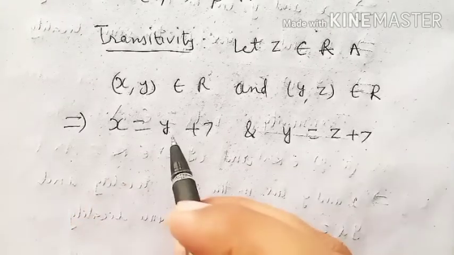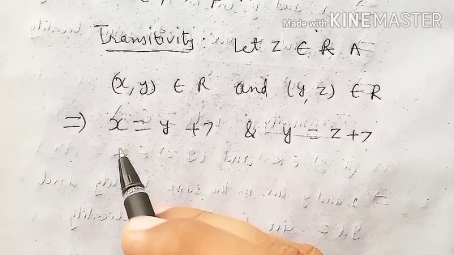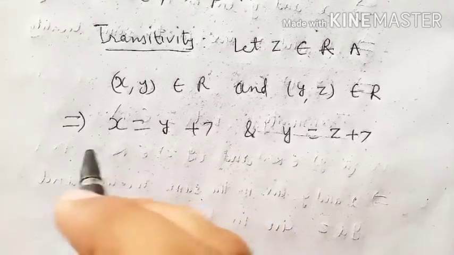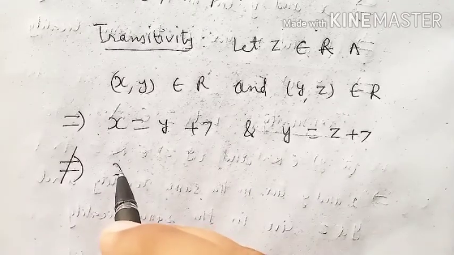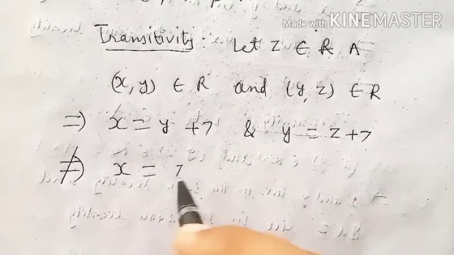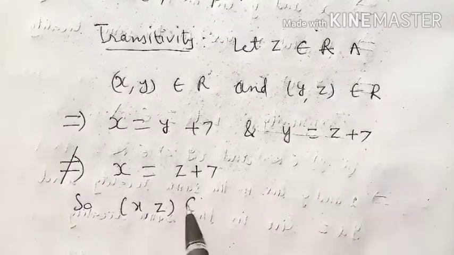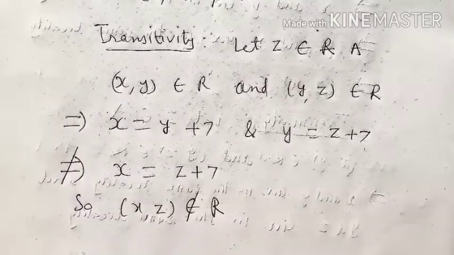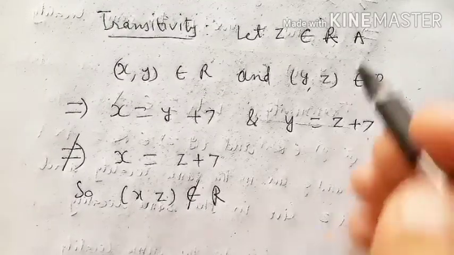From here, if we put Y is equal to Z plus 7, we have X is equal to Z plus 14. That's why this does not imply X is equal to Z plus 7. So (X, Z) does not belong to R. So R is not transitive.